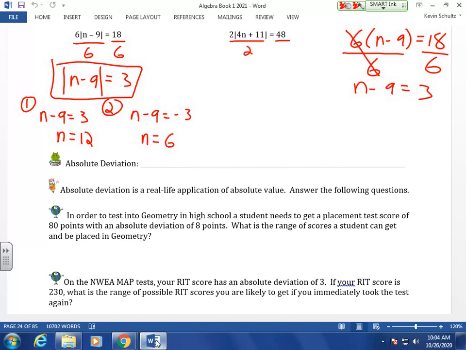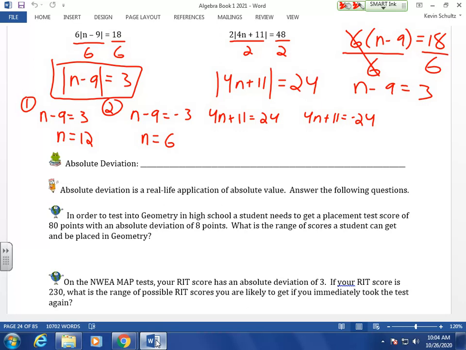We're going to divide by 2 to start, and that gives us the absolute value of 4n plus 11 equals 24, which means that 4n plus 11 is a distance of 24 from 0, so it can either equal positive 24 or it can equal negative 24. This one's a little bit messier than the first one.